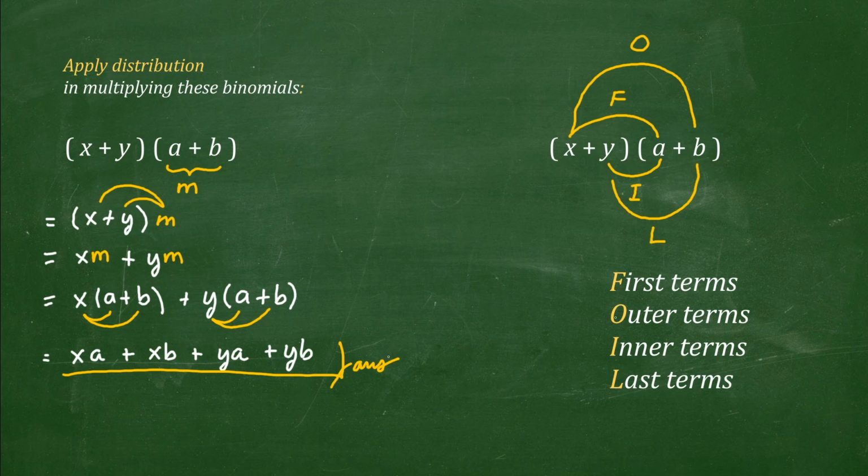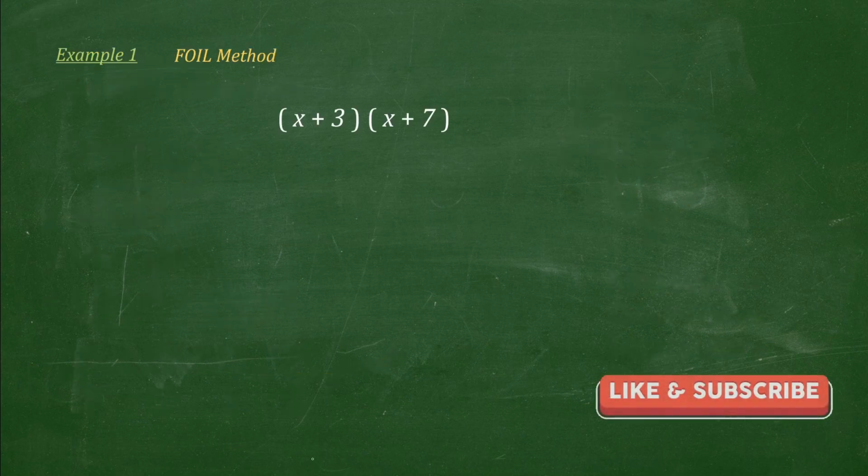So, an easier way of multiplying binomials is by simply remembering that the product is just the combined products of the first, outer, inner, and last terms, hence the F.O.I.L method. Easier, right? We're now ready for some exercises.